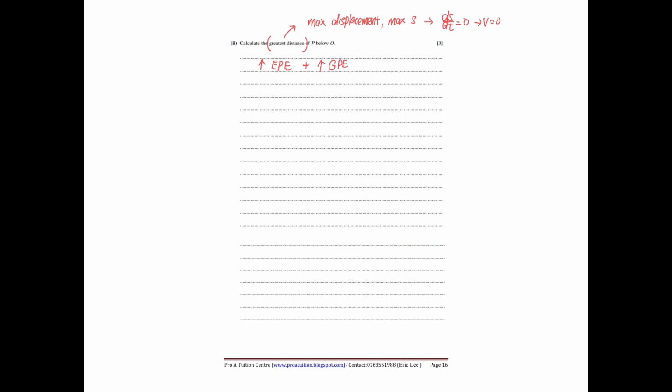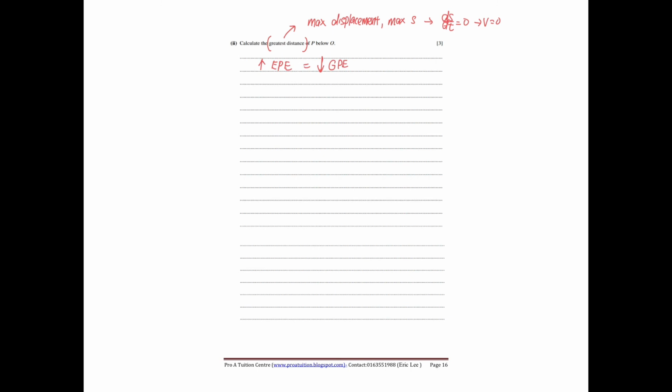So let us ignore the kinetic energy then. We just care about the two energies here. The GPE should decrease, because the particle goes down, but the EPE is increasing.